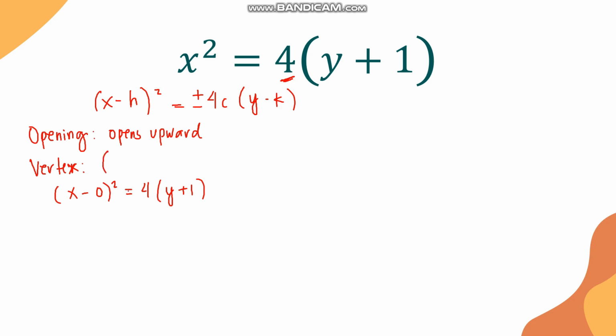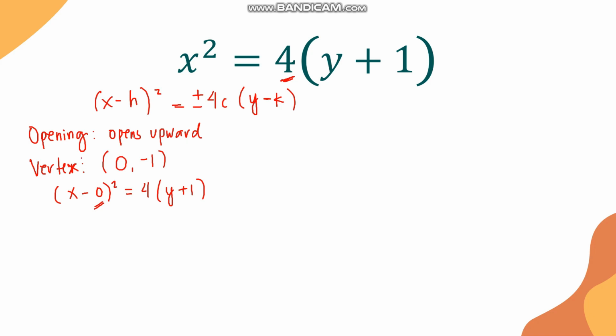Now, h is the one that is with x and k is the one that is with y. So the h here is 0. For k, since we have plus 1, originally the equation is minus k, therefore the value of k here is negative 1. So y minus negative 1 gives us y plus 1. Okay, so the vertex is (0, negative 1).